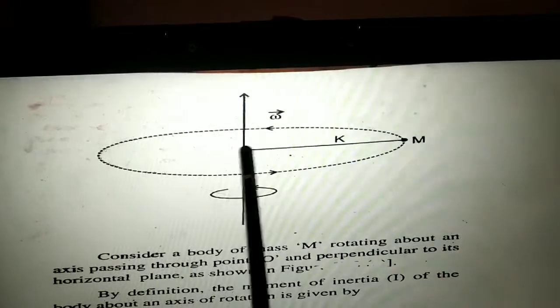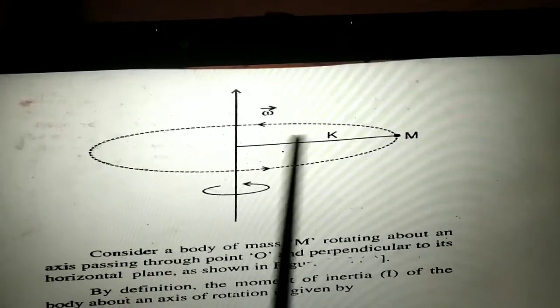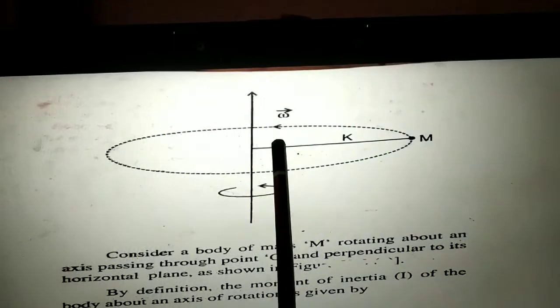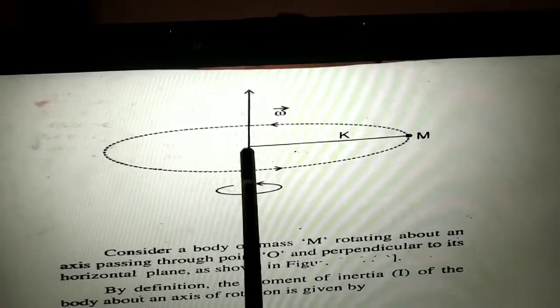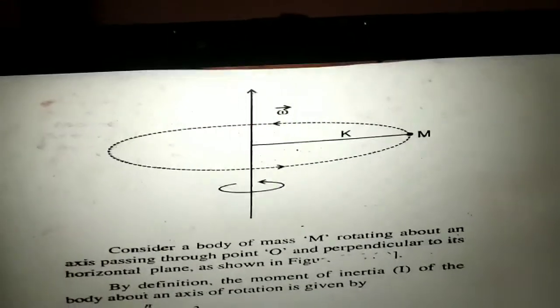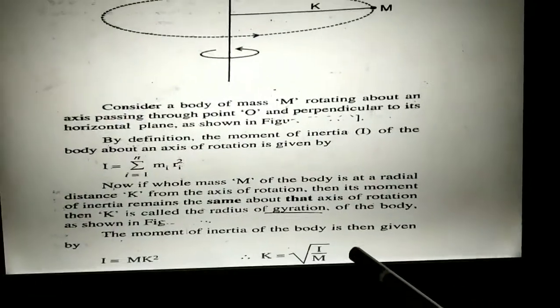If you take K as 10, you will say the mass is distributed at 10 meters from the axis of rotation. If K is 5, then the mass is distributed about the axis of rotation at a distance of 5 meters. So these are the physical significance of the radius of gyration, and this equation is the formula.